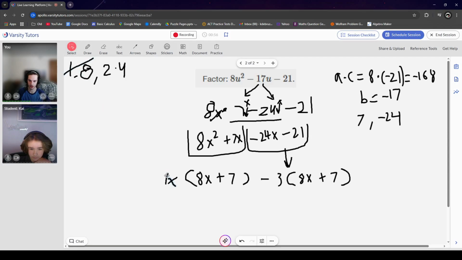And one thing just to know is if you have 1 times something, you don't need to write the 1. You just have x here. So the way you know what to write in here is if you multiply this times this, it should equal this. And if you multiply this times this, it should equal this. Okay.